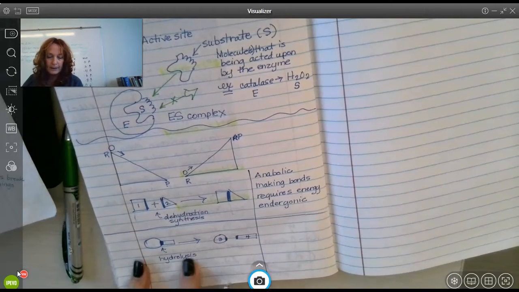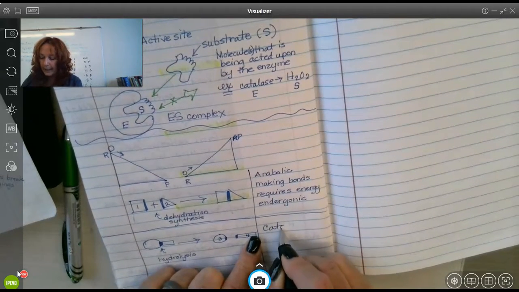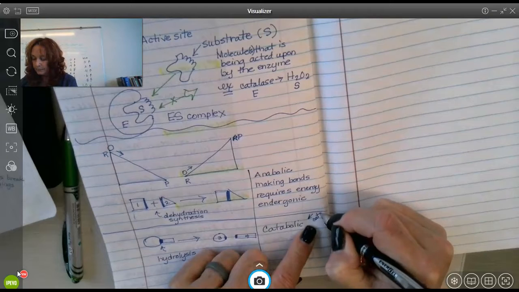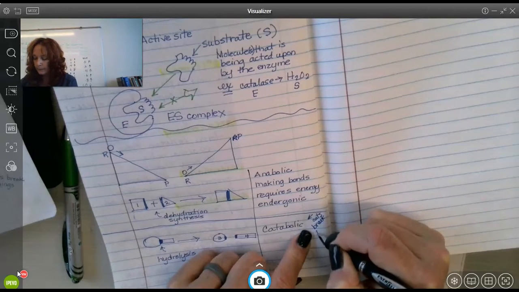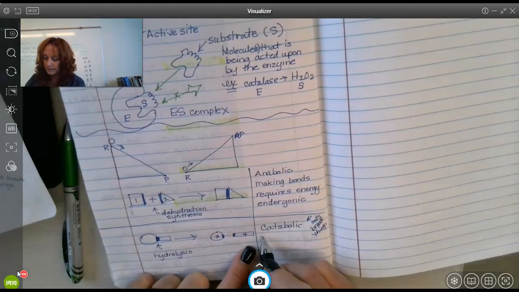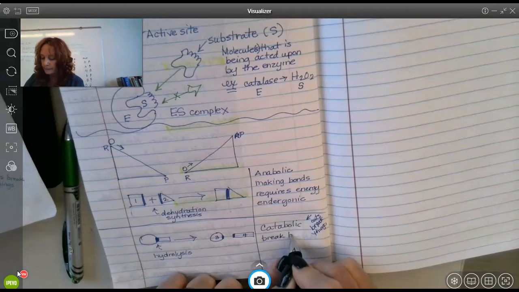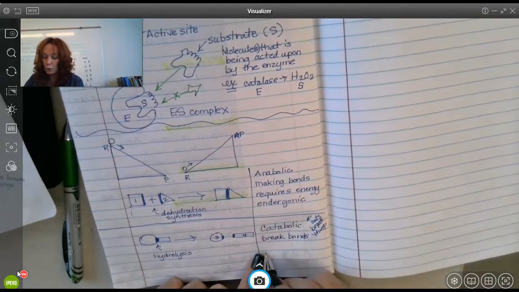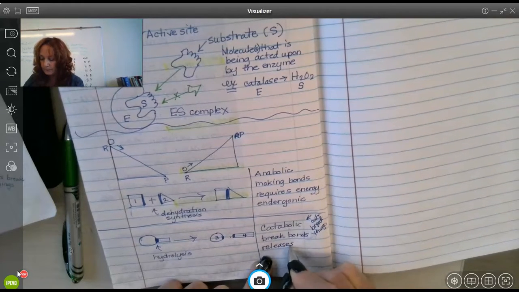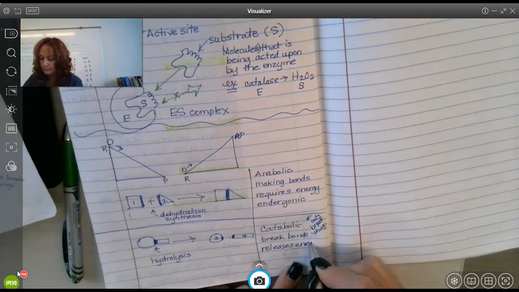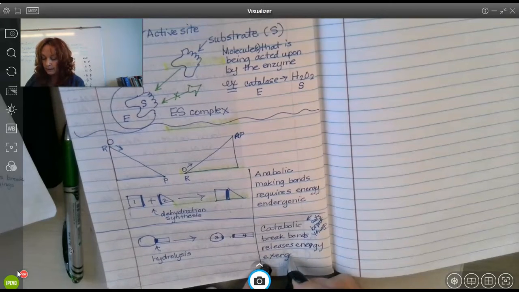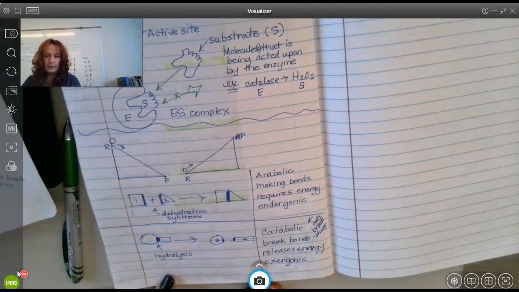When you break something apart, that's called catabolic. Cats break things. Just to help you remember the difference. You're going to break bonds and release that bond energy, which we call exergonic.